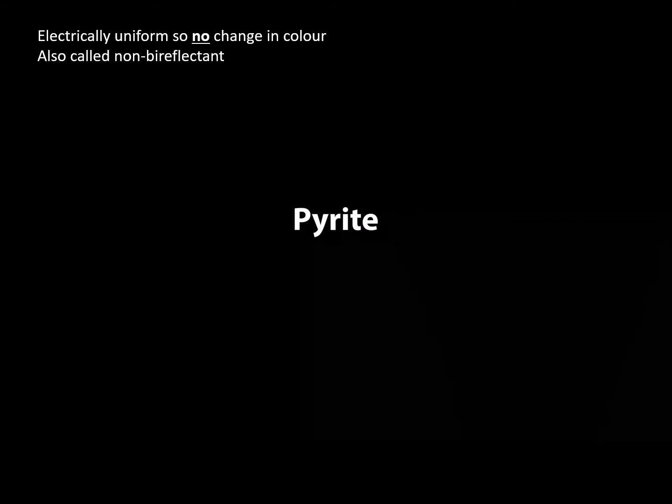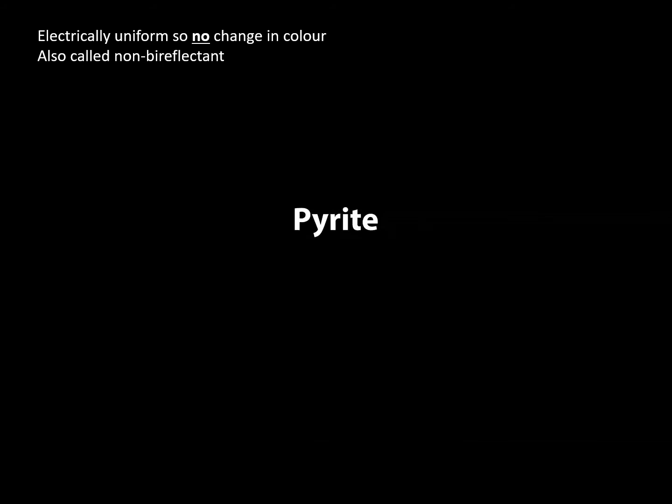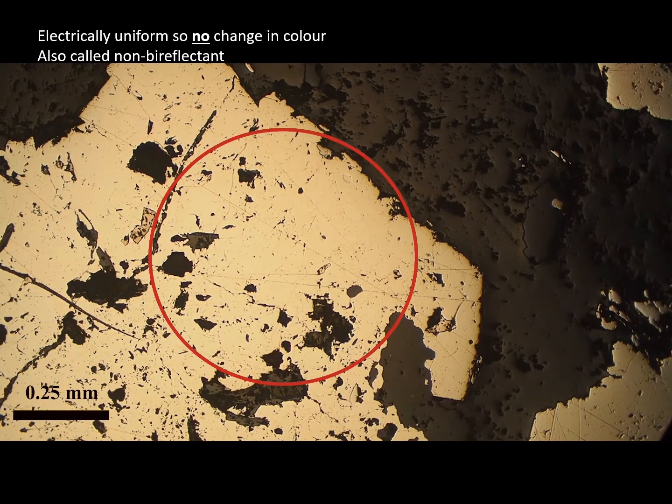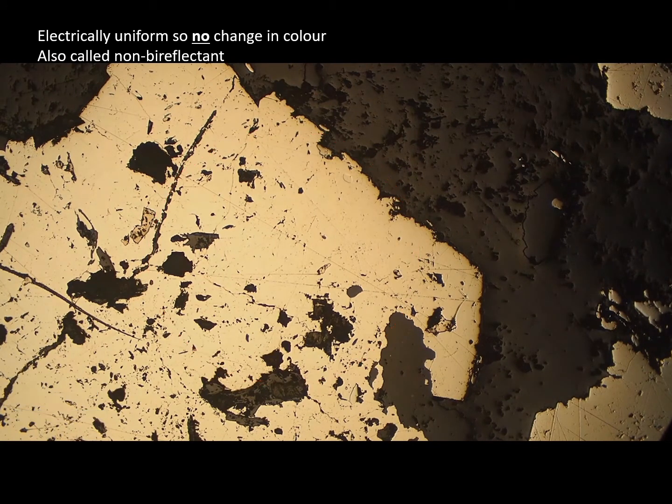All right, so I'm going to play a video here of pyrite, and we're going to see whether, as the stage is rotated, there's any change in color. Pyrite is this yellow mineral here within the circle, and you can see it's fairly uniform right now.